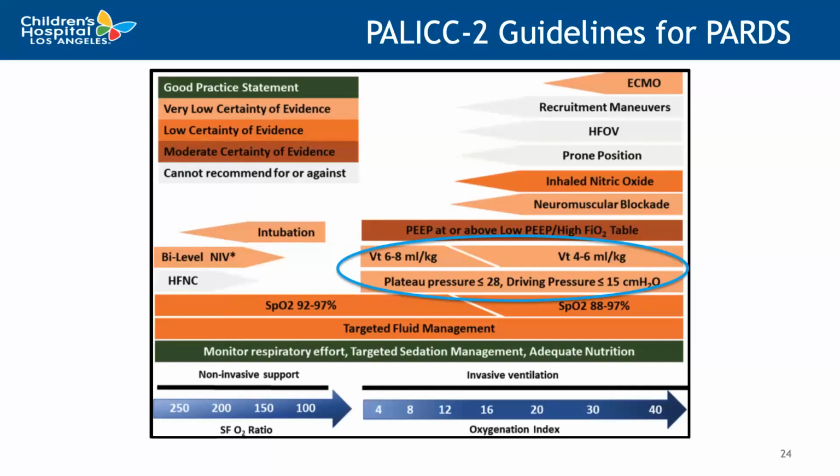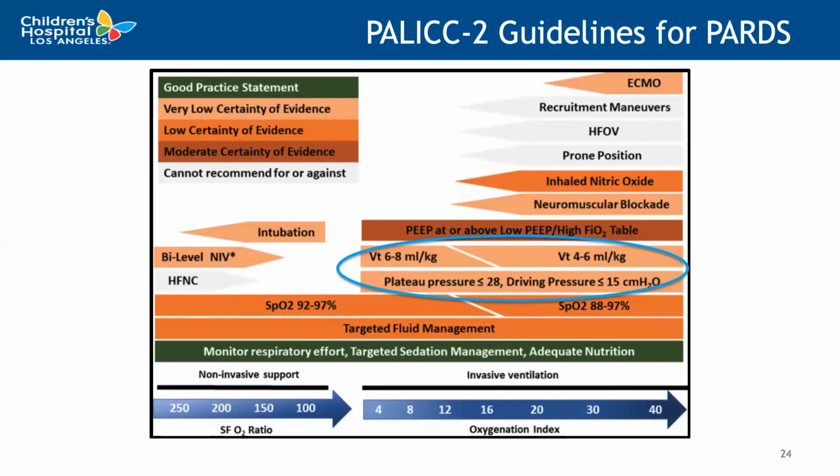The ARMA trial, which was another adult study that was done by the ARDSnet group, was a trial that randomized patients to either a low tidal volume or a more standard tidal volume. So the low tidal volume was 6 milliliters per kilogram versus a high tidal volume strategy of 12 milliliters per kilo. And they found a mortality benefit in the low tidal volume group.